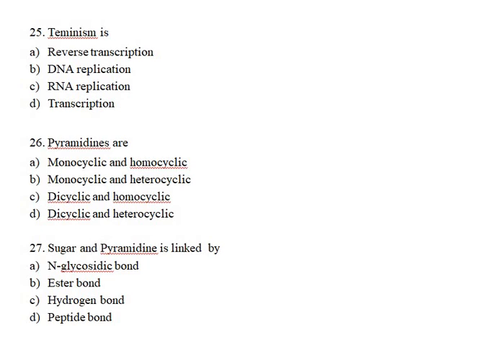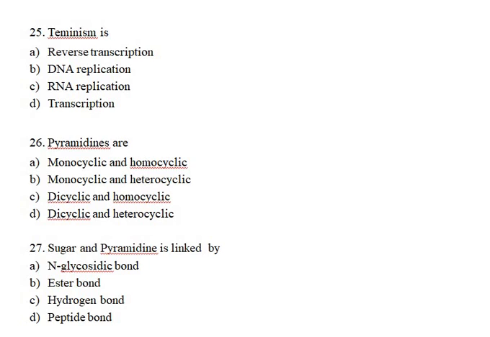So ester bond you can find in case of sugar and phosphate. Sugar and phosphate is linked by ester bond. Purines and pyrimidines are linked by hydrogen bonds. Amino acids are linked by peptide bond. Nucleotides are linked by phosphodiester bond. So here the sugar and nitrogen base, that is nothing but pyrimidine, is linked by N-glycosidic bond.